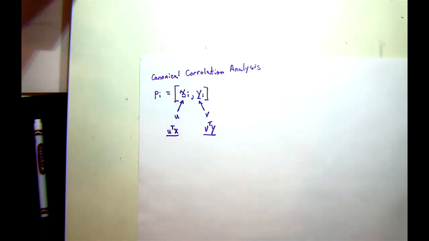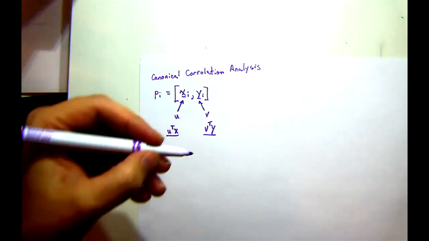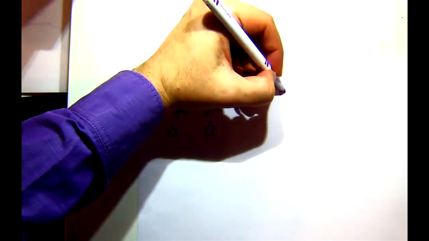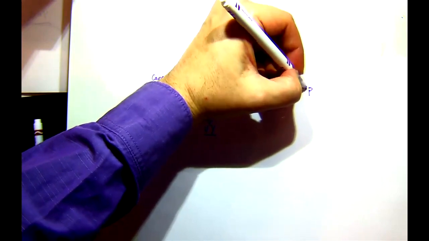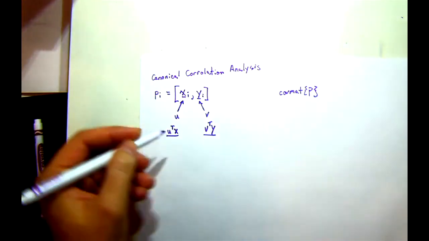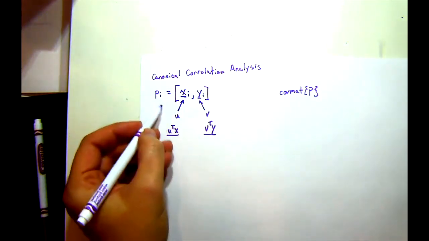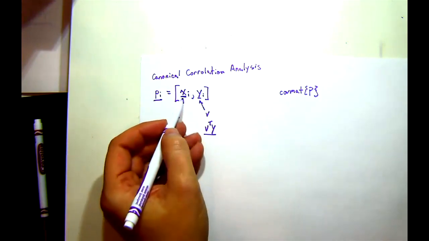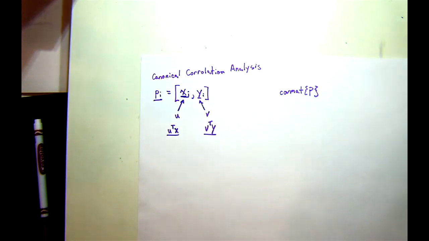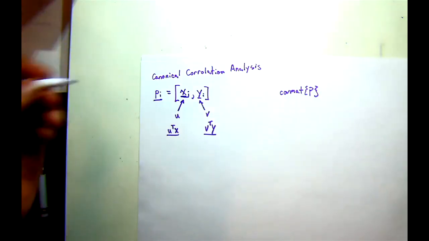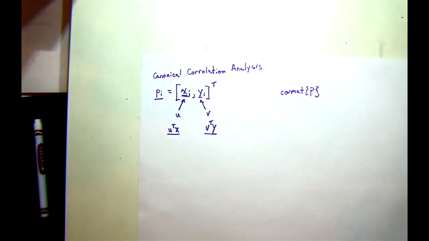So just an aside here, if we are to look at the covariance matrix of P, and P is the Y and the X concatenated. There's actually a transpose there.